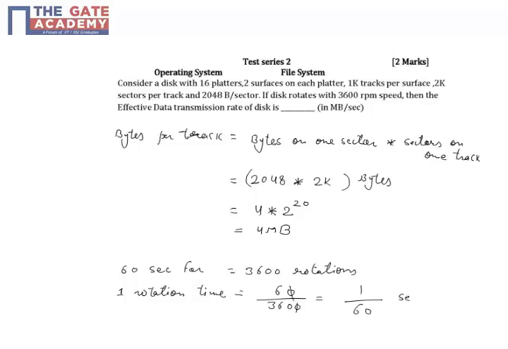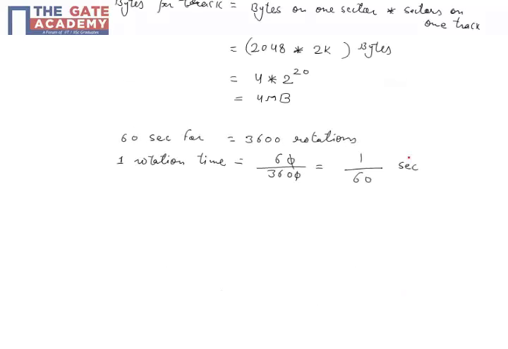60 seconds. Now you can easily understand that per track you can store 4 MB of data, and for one rotation of one track you are taking this much time. That means within this much time you can transfer 4 MB of data. So the effective data transmission rate will be equal to 4 MB divided by 1 by 60 seconds.